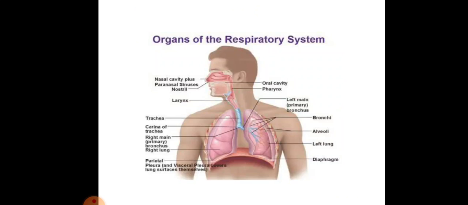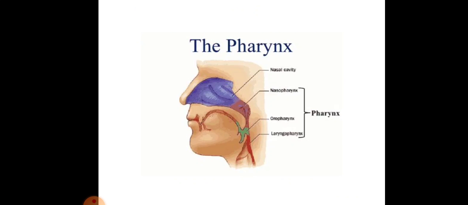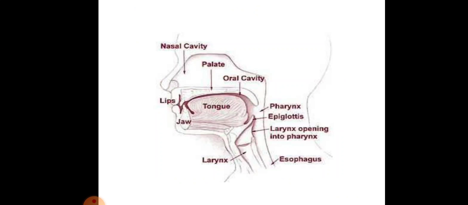Next one is the pharynx again, and this is an example of the muscle cavities. Here is the tongue, the larynx is there.